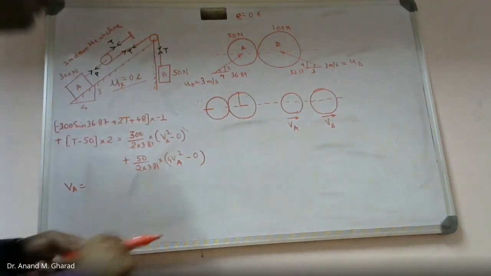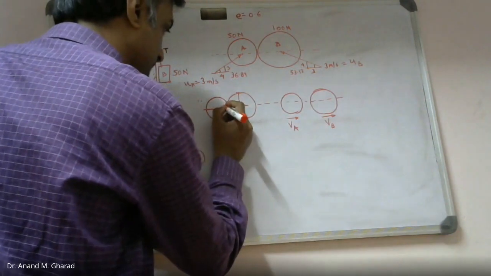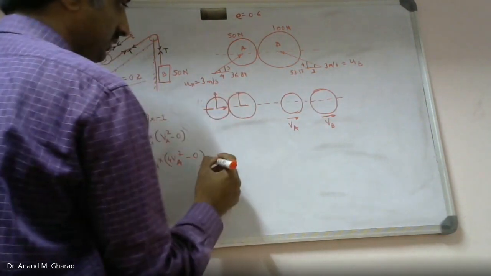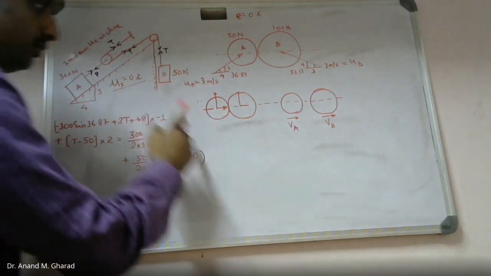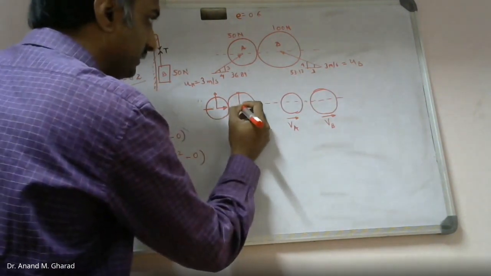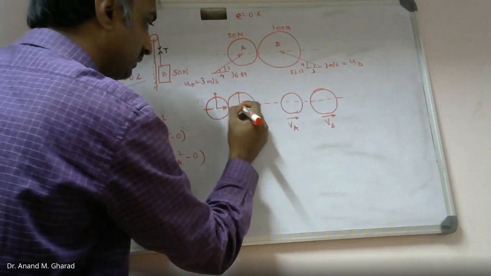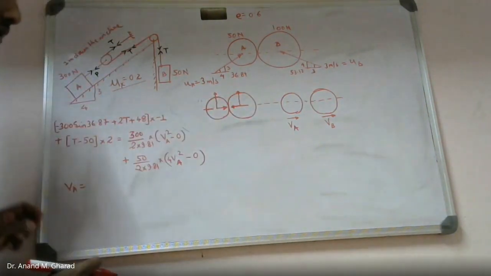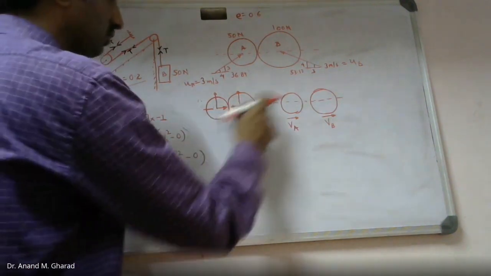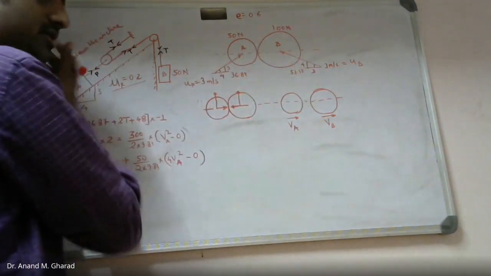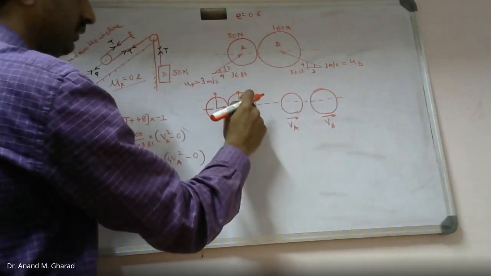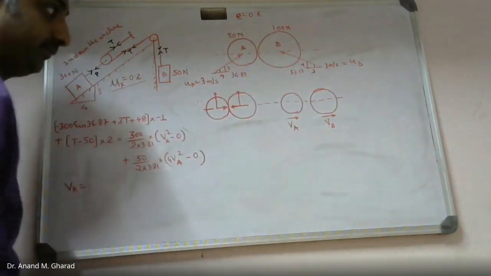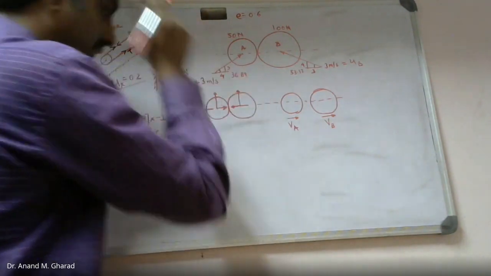For A, this will be in this direction, and the y component shall be like this. Whereas for this disc B, the direction of the x component will be in this manner. You will agree. Okay? So based on the principle of transmissibility, instead of showing the components over here, I have shown it over here. Correct?